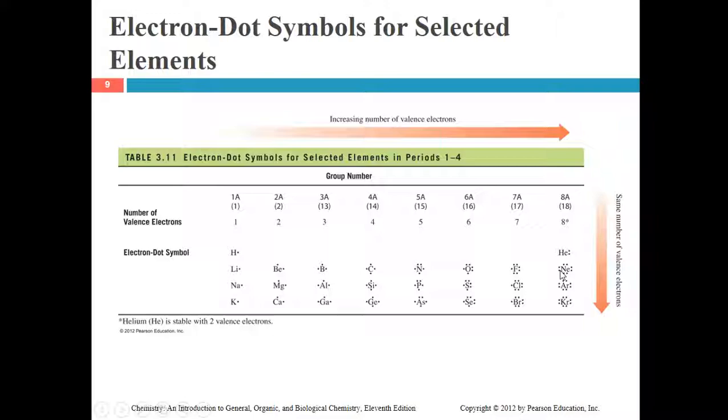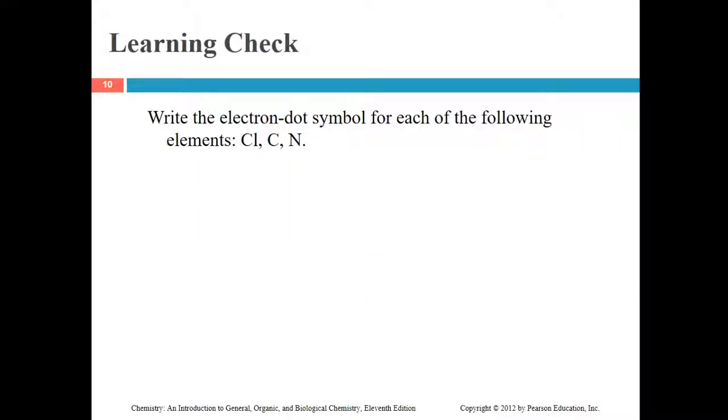Like neon, notice neon is number 10, 10 protons, 10 electrons total, but there are only 8 in the outermost energy level. And you go, wait, what did you just say? Well, that was back in the last section. We didn't actually discuss that, but it's discussed in section 3.6. Just take my word, in group 8A, except for helium, there are 8 valence electrons.